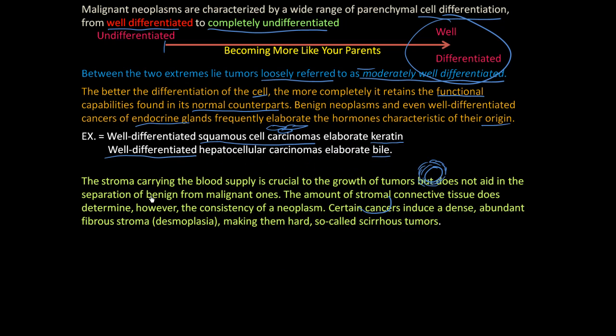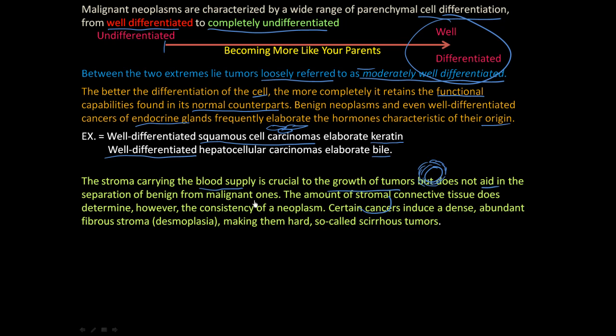So the stroma carrying the blood supply, so remember that the parenchyma is the middle or functional part, or cancerous part, of the neoplasm, and the stroma is the supporting structures of the cancer. So the stroma that carries the blood supply is crucial to the growth of the tumors, but it does not aid in the separation of benign and malignant ones.